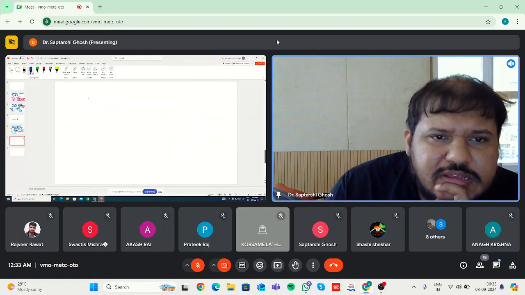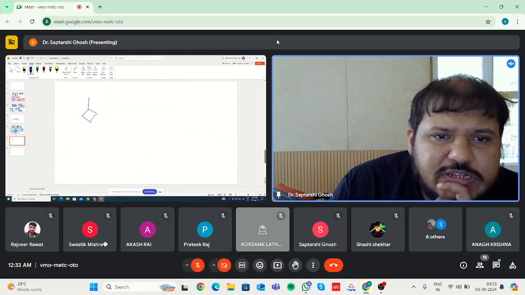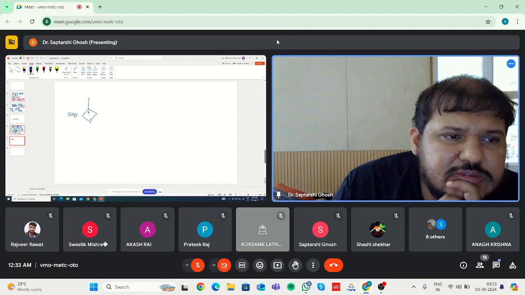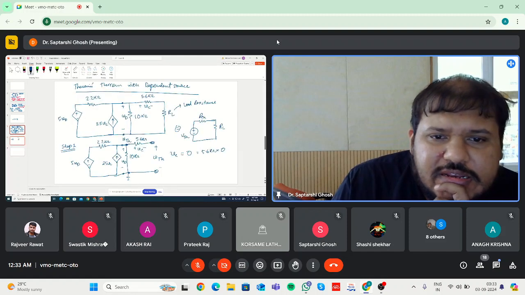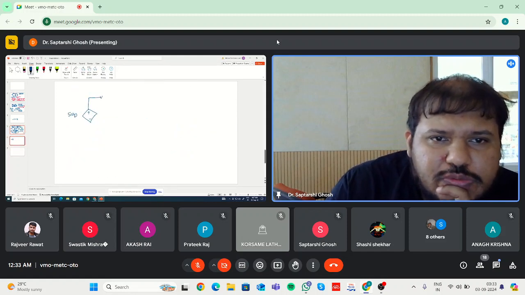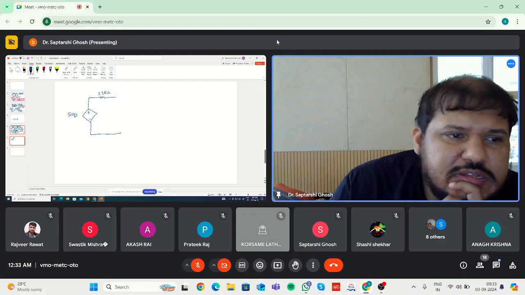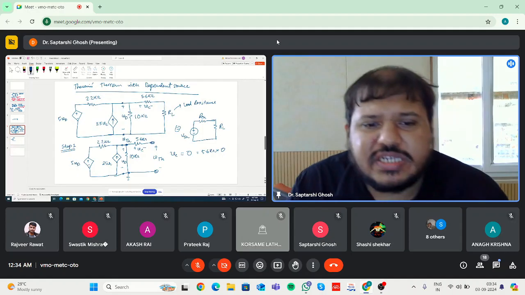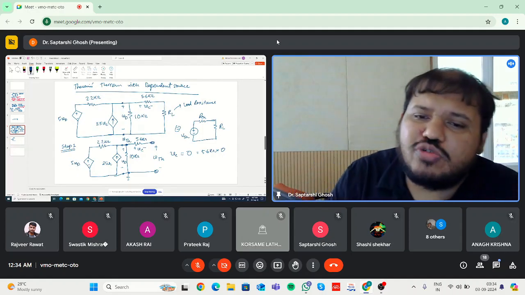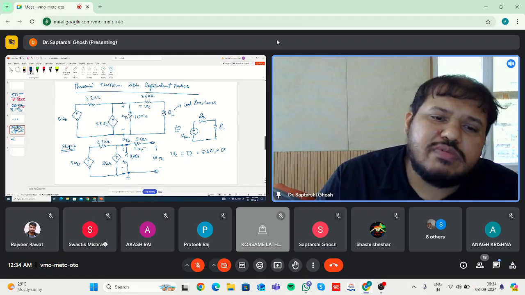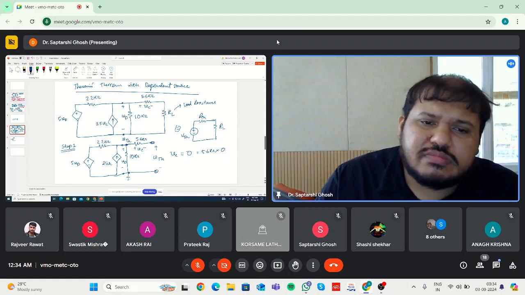That means there is this voltage source, plus minus 5 of VD, and then there is this 2.2 kilo ohm resistance. The current source VC is becoming equal to 0. The moment you make this open circuit, VC will be equal to 0, so this current source will be equal to 0.